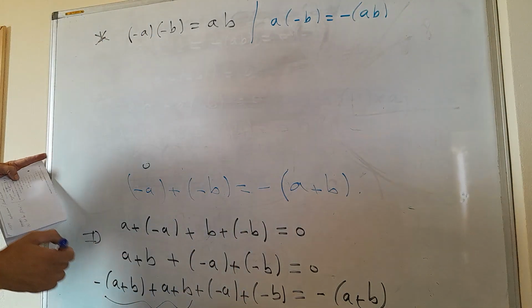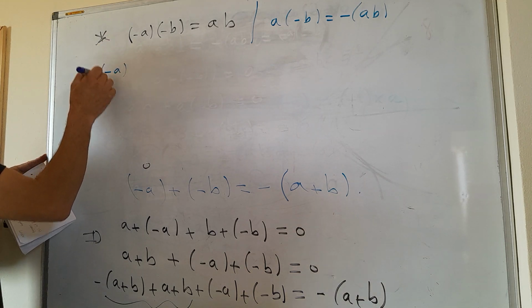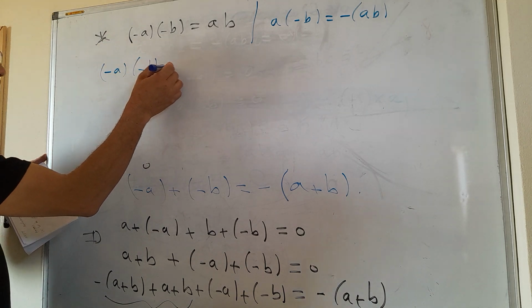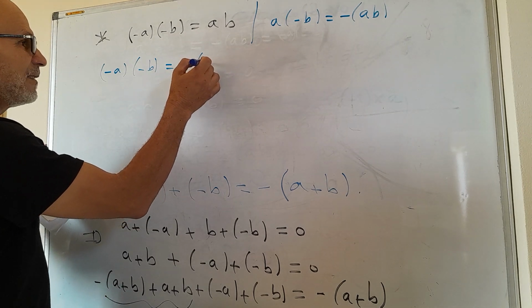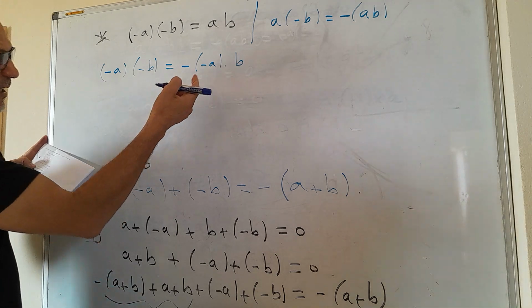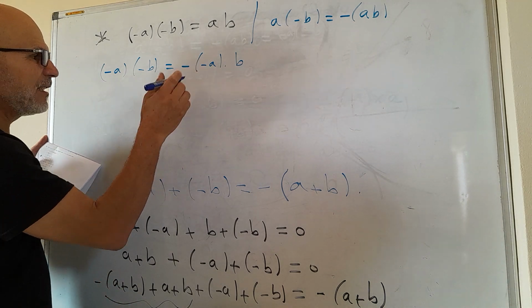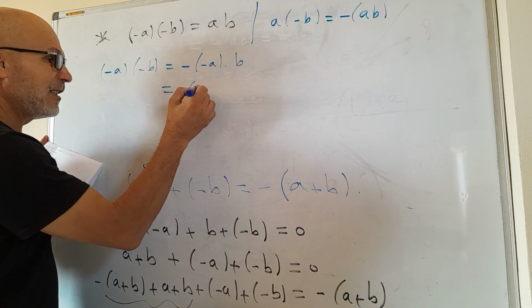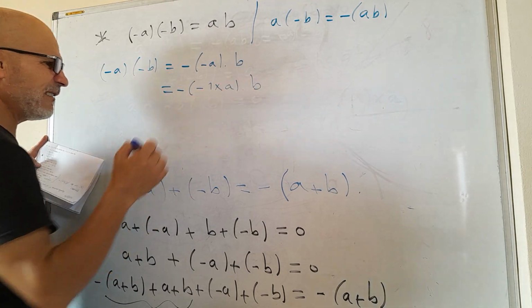From this equation we get (-a)(-b), which is equal to -(ab), and we will repeat the same operation here, since we have -1 times a times b.